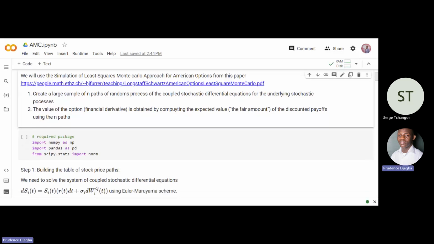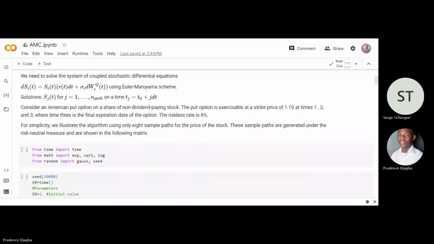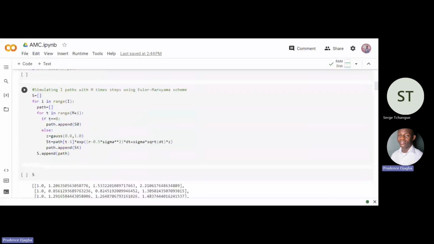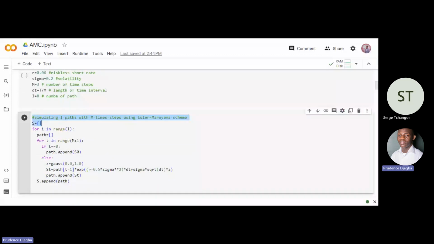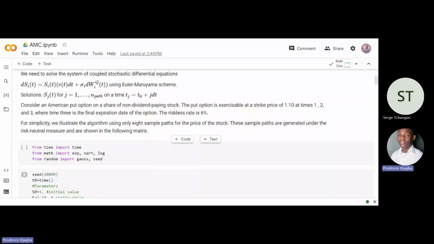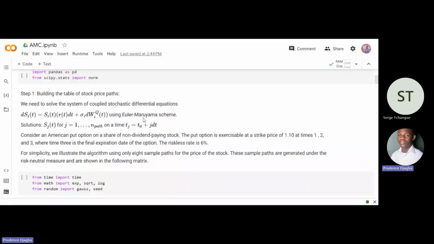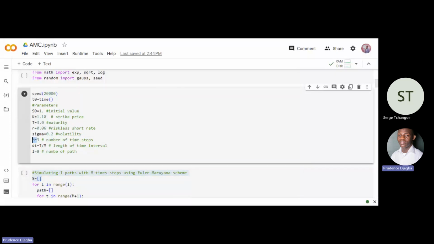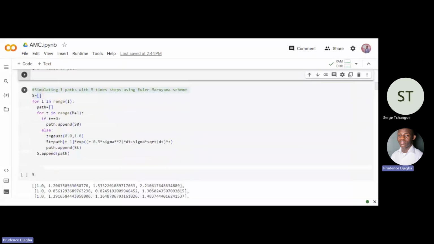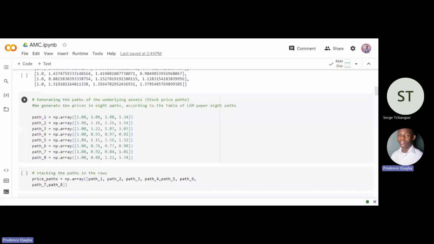So I tried to look at the example that they give there. But first of all, I simulated the paths using the Euler scheme by fixing some parameters that will give me this.